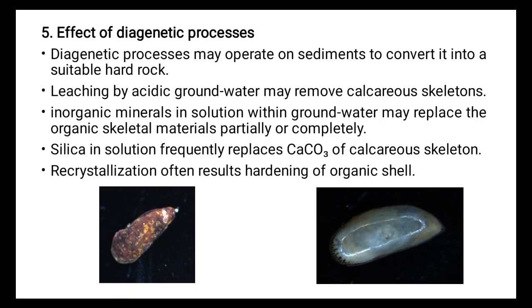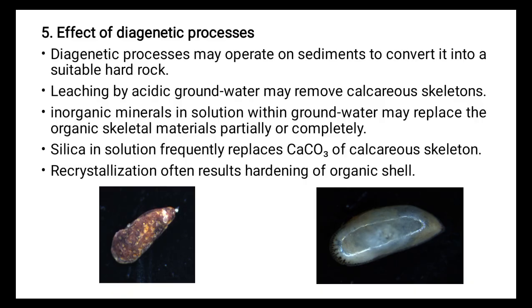As we know, diagenesis is a process in which soft sediments turn into hard sedimentary rocks. In this process there are several steps, like compaction, lithification, and removal of water. For sediment that contains fossils, the fossils also get affected by this process.